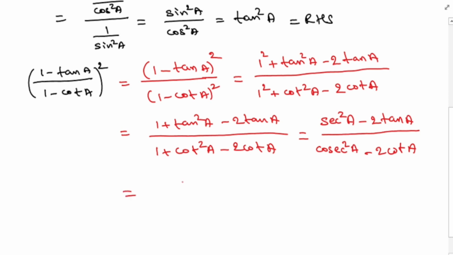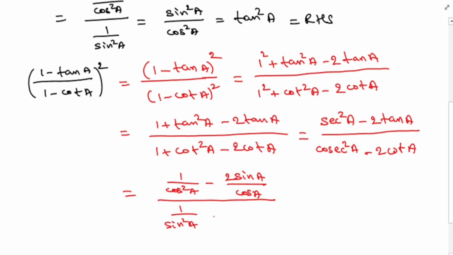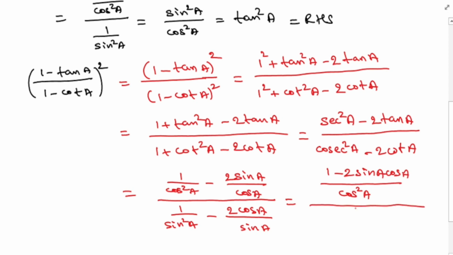This equals secant square A is 1 divided by cos square A minus 2 into sin A divided by cos A, whole divided by 1 divided by sin square A minus 2 into cos A divided by sin A. Here cos square A is LCM, so 1 minus 2 sin A cos A divided by cos square A, and sin square A is LCM here, 1 minus 2 cos A sin A divided by sin square A.